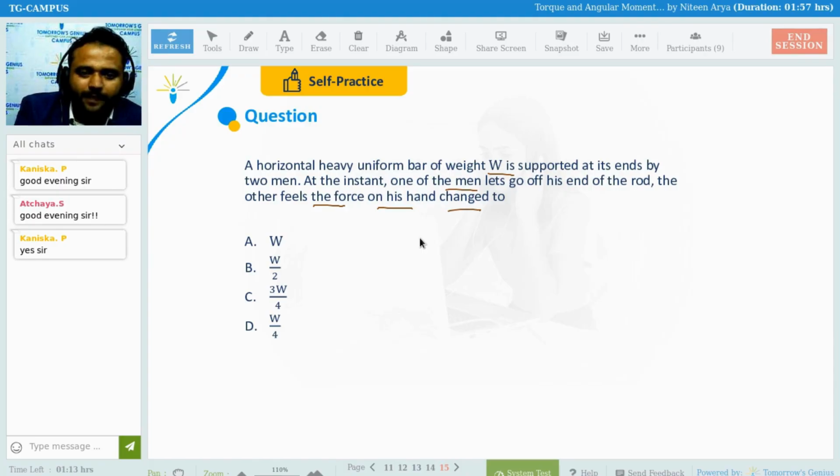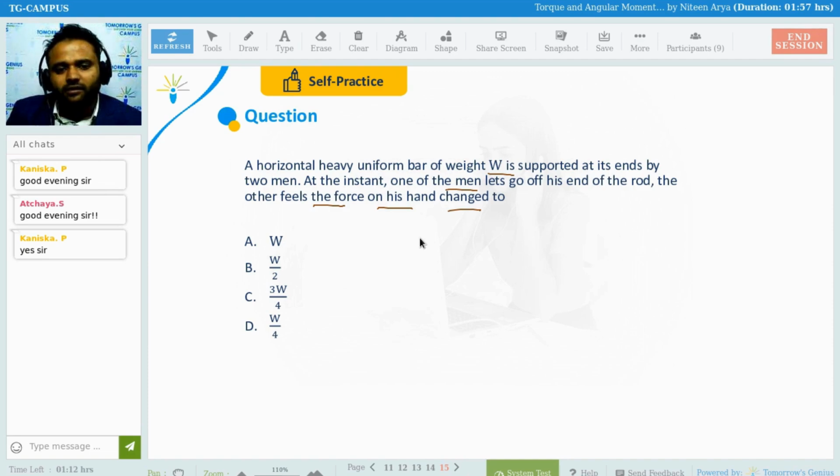There is a rod, and that rod is being held by two men. One of the men pulls his hand away from that particular end. Initially, obviously the rod is held, so that is the equilibrium, and you can say the weight of that rod, which is mg, capital M into G, is balanced.